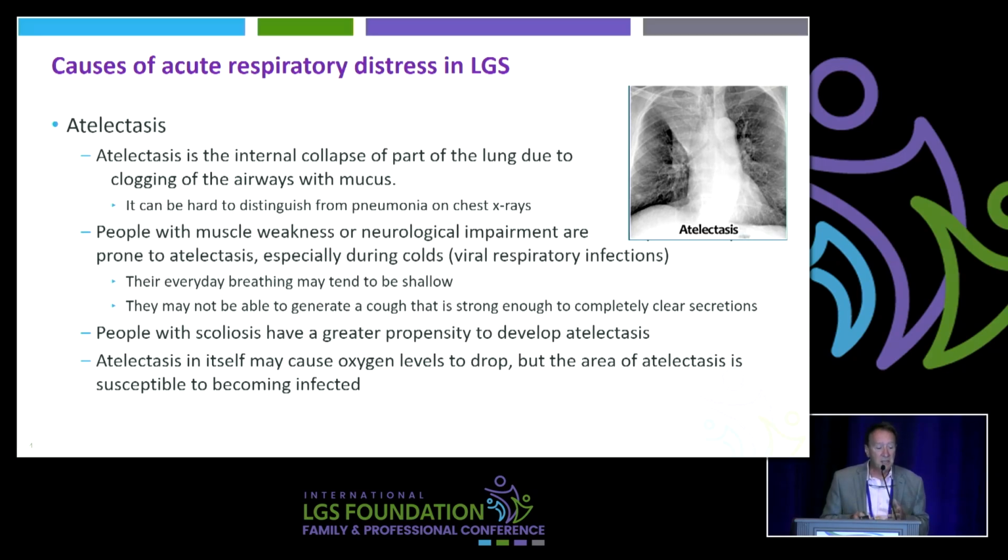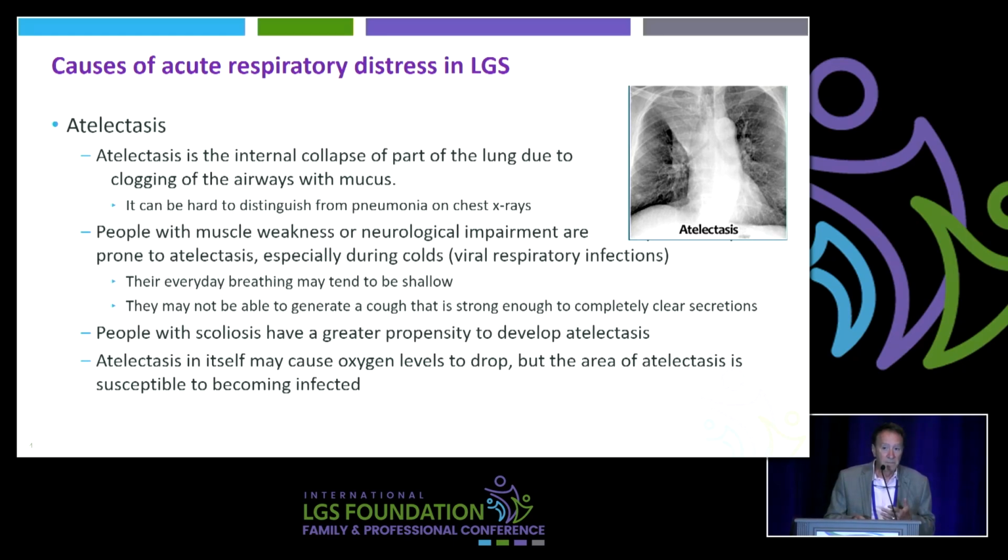Now, people with muscle weakness or neurologic impairment are prone to atelectasis, again, because they are maybe not really able to cough very well, they're not able to clear their secretions very well, and their breathing at baseline may be a little bit more shallow, so there's a tendency for the clogging to occur. Then you superimpose on that just a little bit of a cold, and it causes this extra problem.